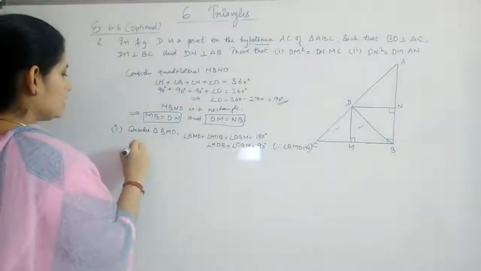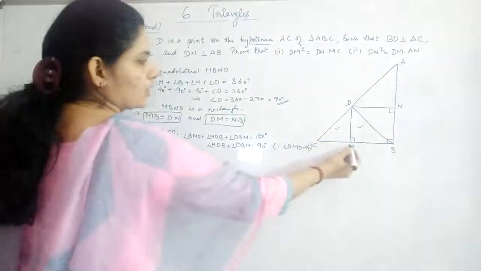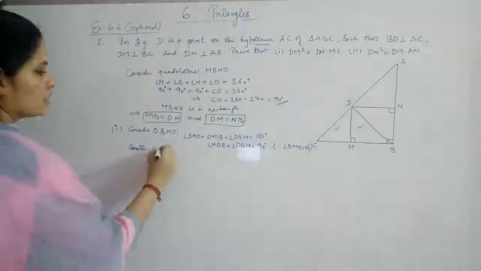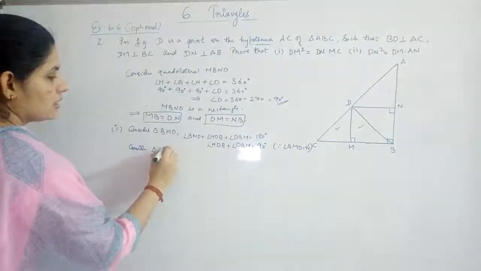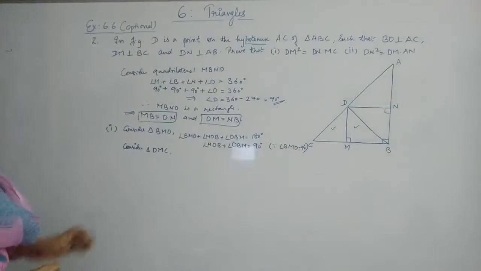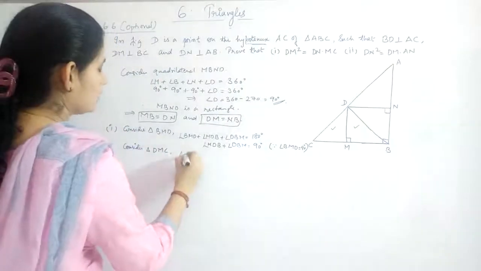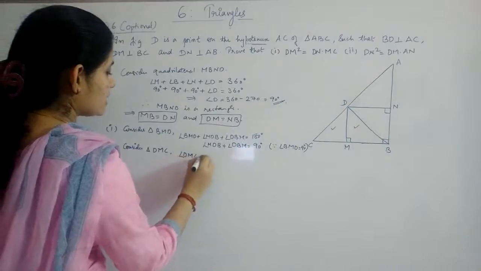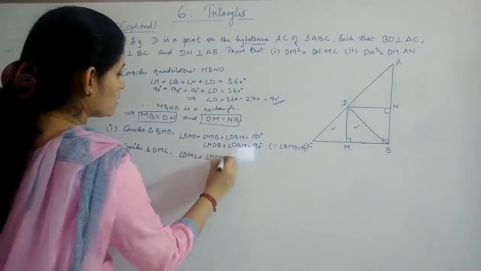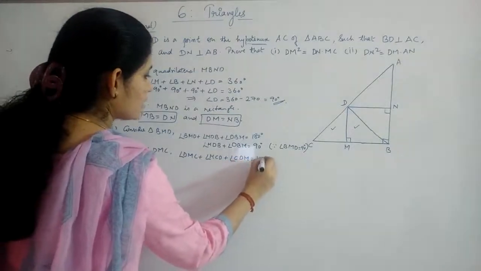Okay, now again you are considering triangle, this one, okay, which is CDM. So we are considering triangle DMC, where angle again DMC plus angle MCD plus angle CDM will give you 180 degree.